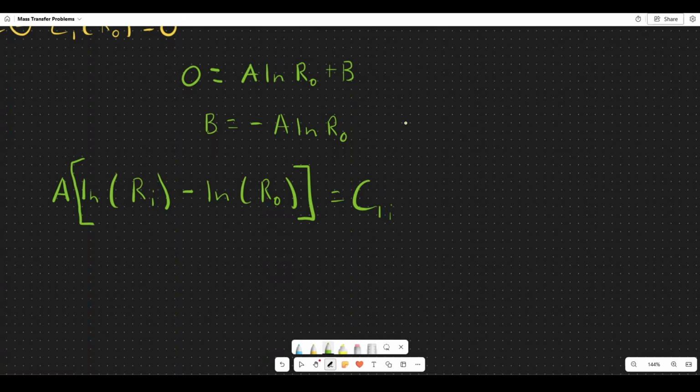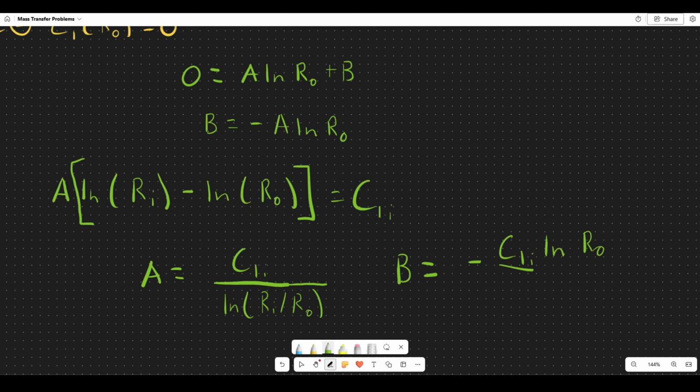And so if you solve for this, what you get is a equals c1i divided by ln of ri over r naught. So now that you have that, it's pretty much simple to solve for b using this equation up here. You get negative c1i ln of r naught, all of that divided by the same denominator. Perfect.